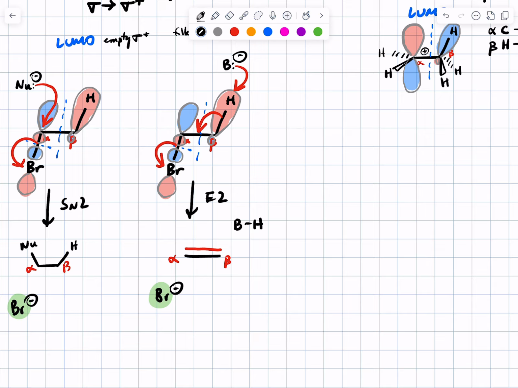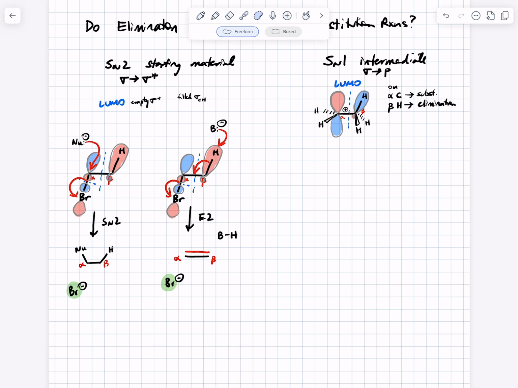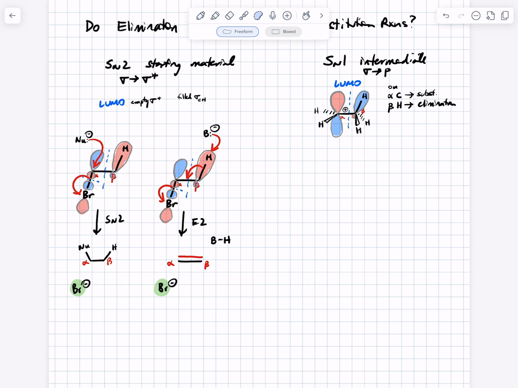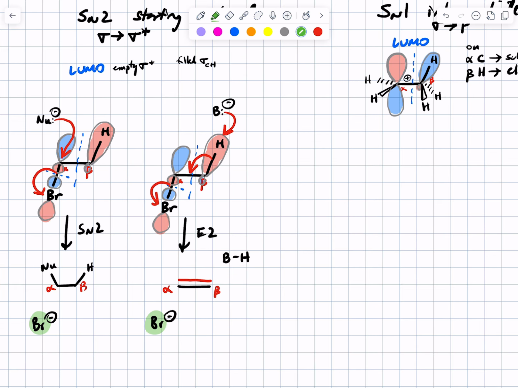Okay? So that is the difference between a substitution and an elimination reaction. And the key feature we will see, whether or not we do a substitution reaction versus an elimination reaction, is going to depend on a couple of things. It's going to depend on the identity of the nucleophile or the base, and it's also going to depend on the identity of the alkyl halide, or the molecule with the leaving group.